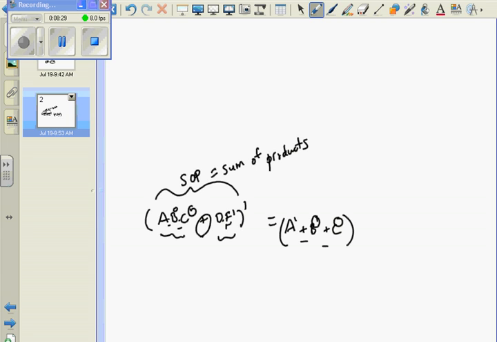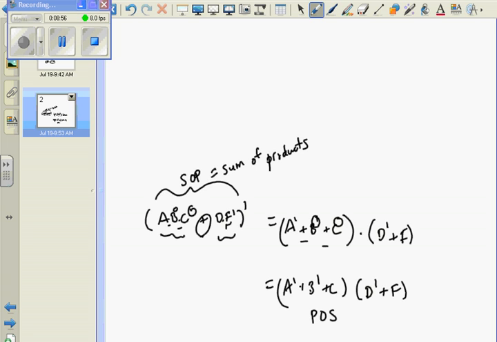Now this OR becomes an AND, and then we do the same over here. The D becomes a D naught, that AND becomes an OR, and the E becomes an E. So here we get A naught or B naught or C, ANDed with D naught or E.